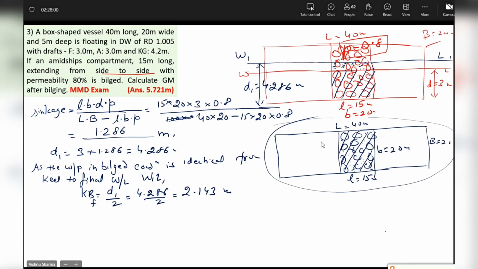Okay. So now, guys, where do you think will be the center of flotation in this case? Look at the water plane diagram. Where will be the geometric center of intact water plane? There are 3 intact water plane areas. Where will be the geometric center of all of them combined?